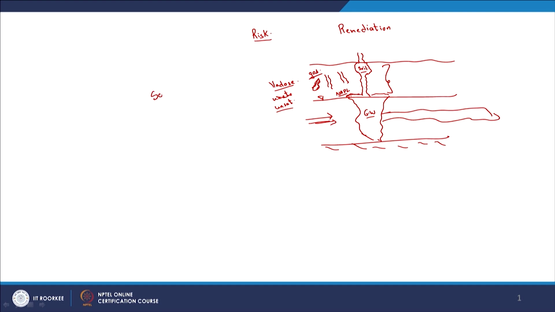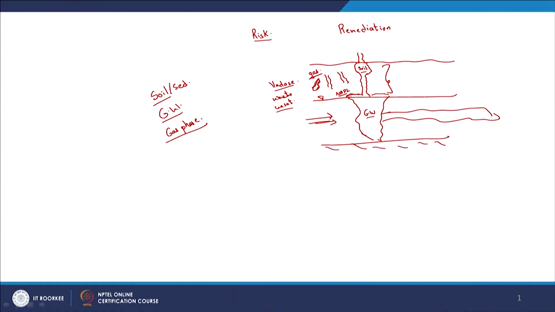Until now we have typically looked at soil or sediments and then groundwater, and now we are going to look at the contamination of this gaseous phase, the entrapped air. Again, not all contaminants will lead to contamination of the gaseous phase in the vadose zone.